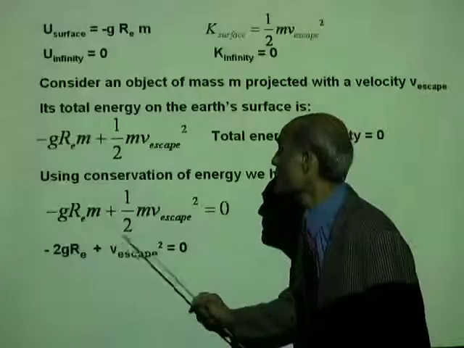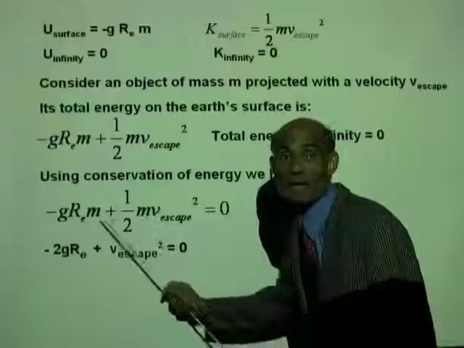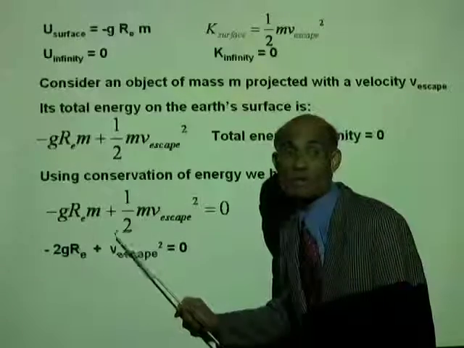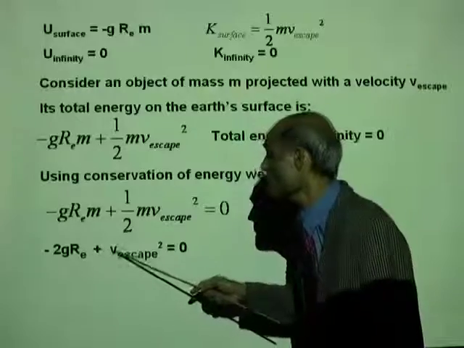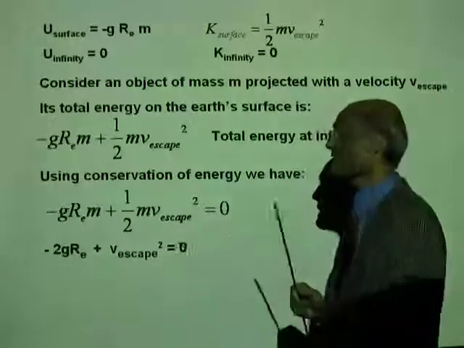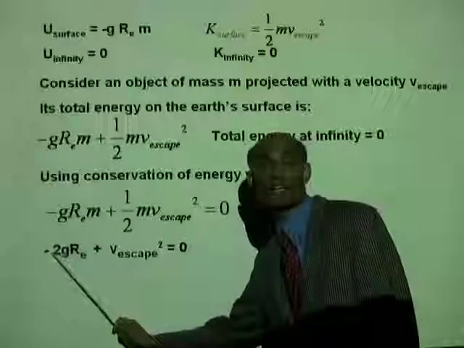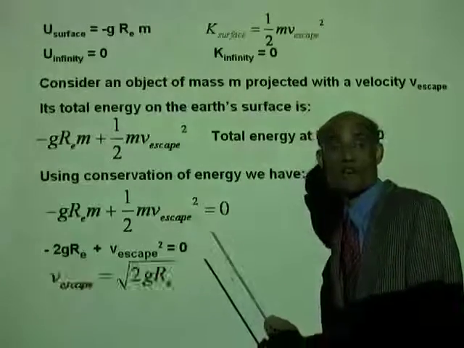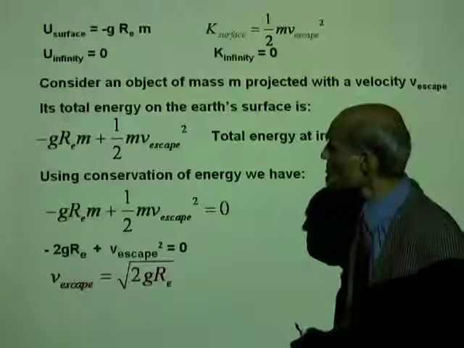That means multiply by 2 and divide by m. M will cancel. Multiply by 2: negative 2 g R_E plus V escape squared equals 0. Or V escape squared equals 2 g R_E. Or V escape is the square root of 2 g R_E.